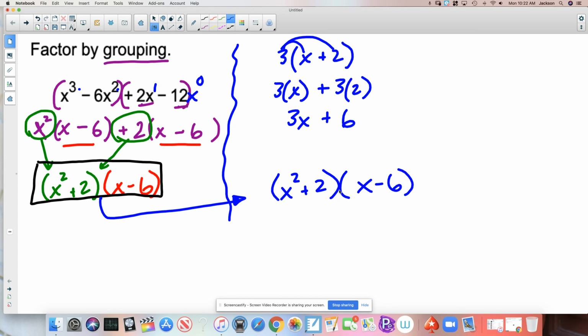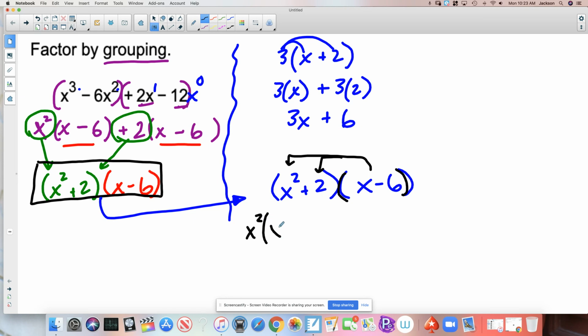We could, however, look at multiplying these together as distributing. If I took this quantity and said I'm going to distribute this quantity here, I'd be taking x minus 6, the entire binomial, and multiplying it times x squared.